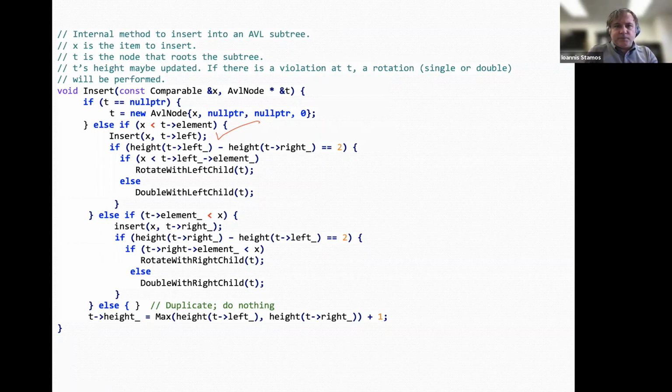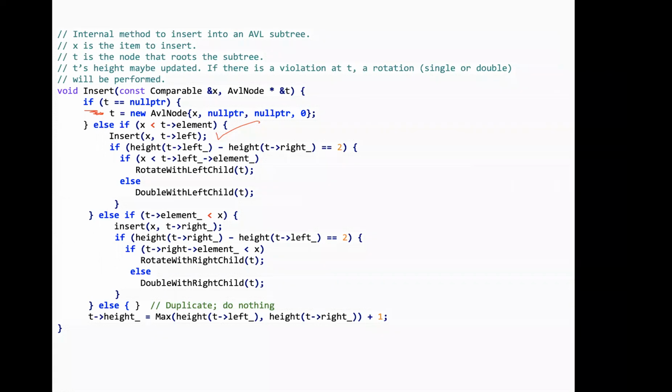You insert something at the leaf node, and then you come back. So when you come back to T from your insertion, then you check whether you have a violation. You check whether the height of your left minus the height of the right equals 2 or not. Does it make any sense?